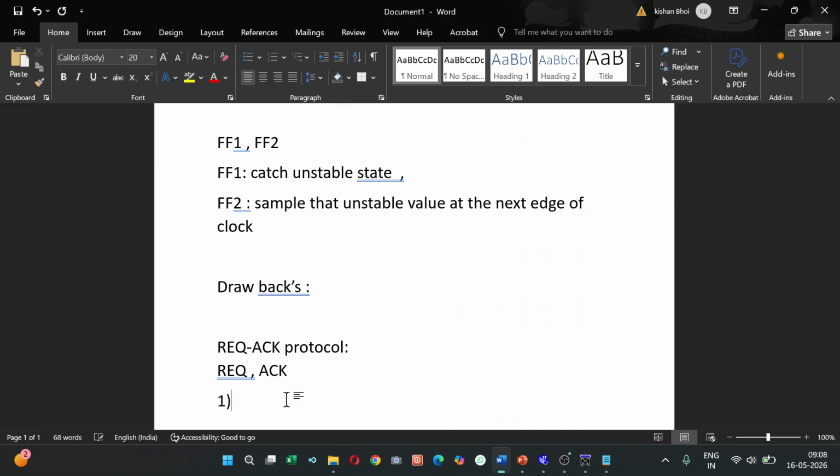The first step is that request goes high. So first of all, in the request and acknowledge architecture, there are two domains. First is the sender domain and second is the receiver domain.